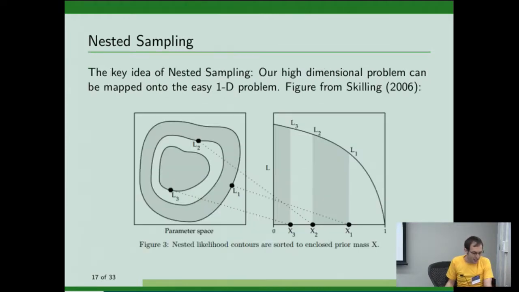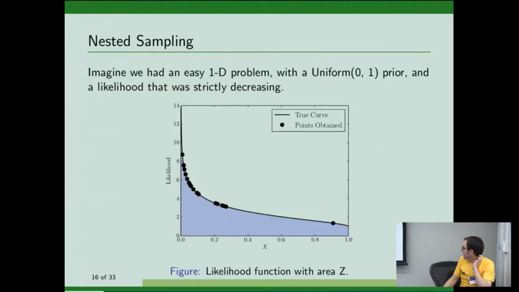And the key insight of nested sampling is that actually, even though we have a 4-dimensional problem, or maybe a 100-dimensional problem, or a 1,000-dimensional problem, there is a way of looking at any high-dimensional problem as having a graph like this associated with it, whose integral is the correct marginal likelihood, even doing the average over the higher dimensional space.